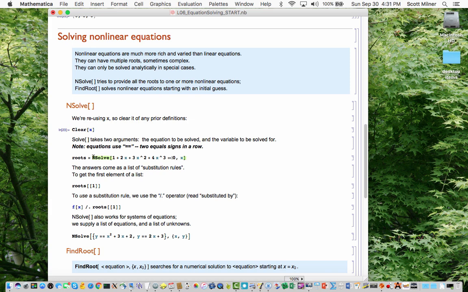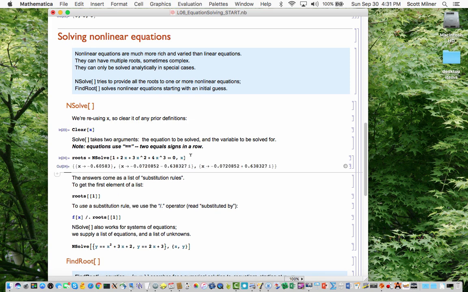So this NSolve will find the solutions to this cubic equation, and I'm going to save those in this variable roots, and so when I execute this, I get a list of what are called substitution rules. Each one is in curly brackets, and the entire list is in curly brackets, and each one of these basically says x is replaced by whatever the corresponding root value is, two of which are complex, as you can see.